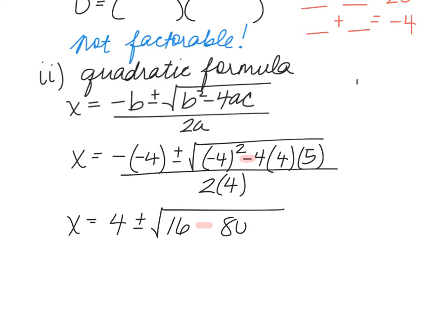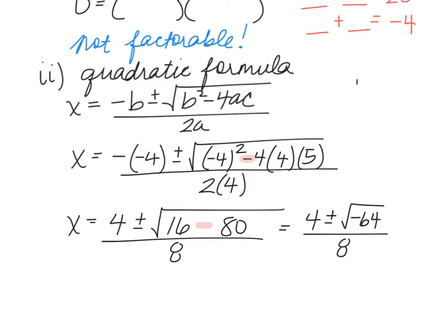So we end up with 16 minus 80 inside of the square root, all divided by 8, which is 4 plus or minus the square root of negative 64 divided by 8. So you'll notice we are left with a negative inside of a square root, which tells me that we're going to end up with non-real values here, non-real numbers.